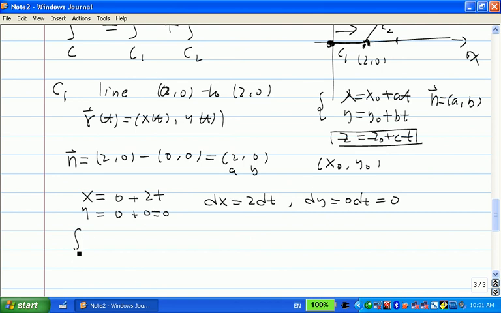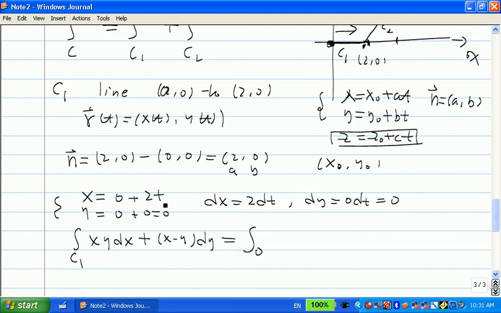Therefore, our line integral on C1, on the first segment, xy dx plus x minus y dy can be written as a single integral. T equal to 0 gives you the origin, right? So 0.